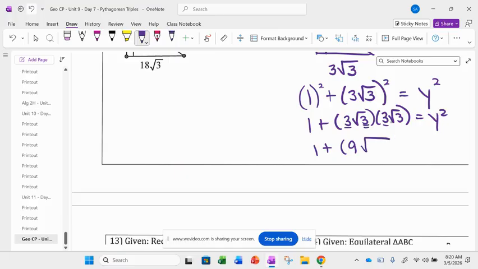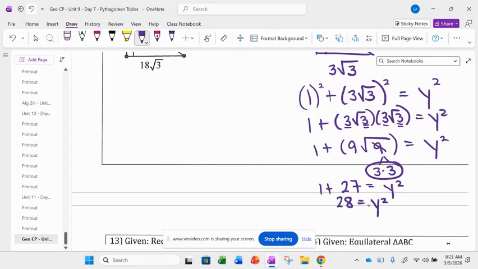Multiply the inside numbers. Root 3 times root 3 is root 9. And now we simplify this. 9 gets broken down to 3 and 3. There's your pair. So it comes on the outside, but there's already a 9 on the outside. So what do I do with that 1, 3, and the 9? You multiply them. So 1 plus 27 equals y squared. 28 equals y squared.